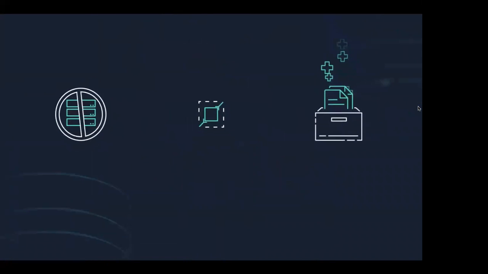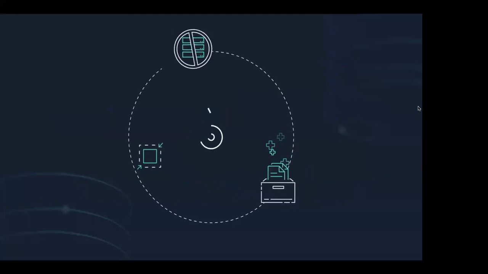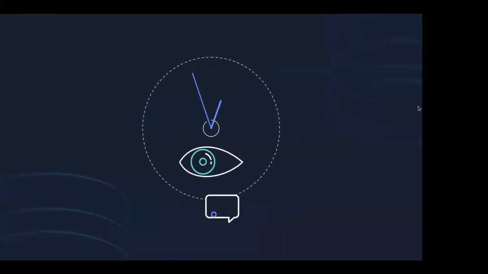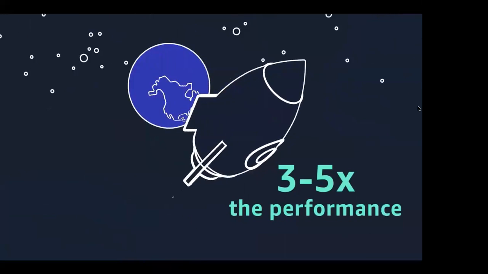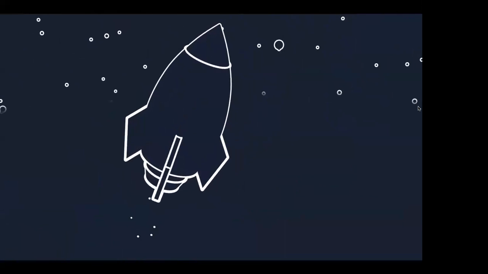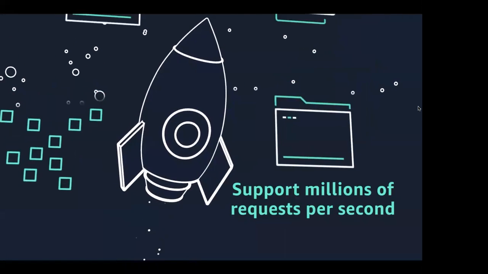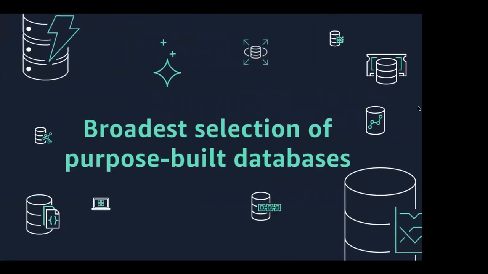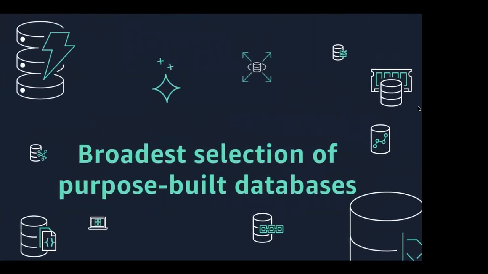AWS databases were designed from the ground up with serverless auto-scaling and self-healing designs to help you scale quickly without worrying about performance and availability or being paged in the middle of the night for maintenance. AWS databases offer 3 to 5 times the performance of popular alternatives, while scaling to support millions of requests per second with single-digit millisecond latency and storing petabytes of data. AWS provides the broadest selection of commercial-grade, purpose-built databases, allowing development teams to build and innovate faster on any application use case.